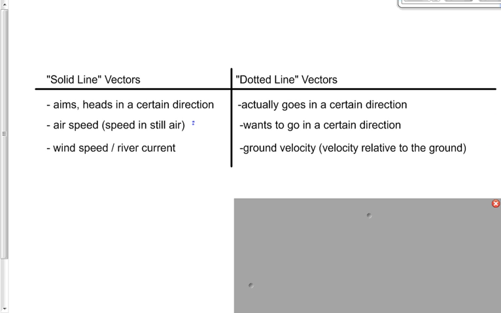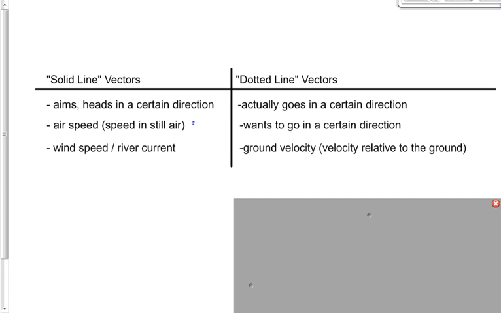Versus my dotted line vectors, well, where do I actually go? Where do I actually go? Well, that's not a solid line vector because that doesn't contribute to where I actually go. Where I actually go is where I actually go. It's not contributing to anything.